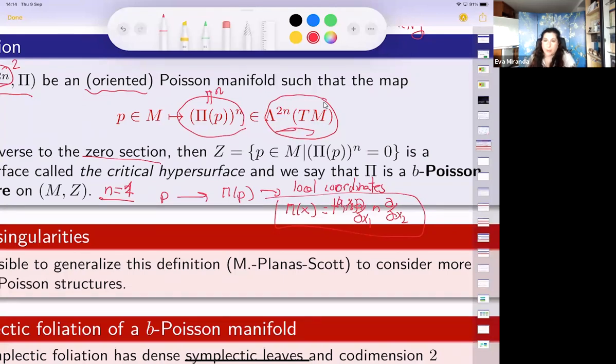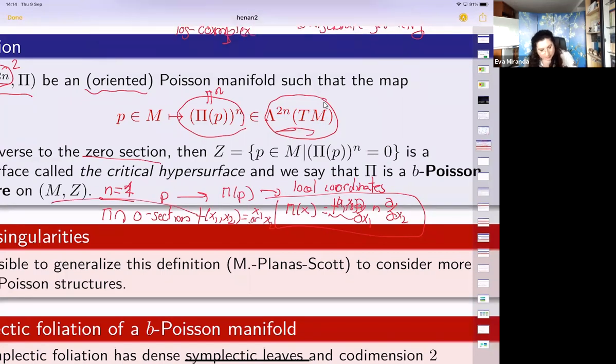What we are asking is that this pi is transverse to the zero section of this bundle. This is equivalent to what? Here I have a function. So what I need to require, because of the regular value theorem, is that this function is linear, either x1 or x2. That's the condition I need.